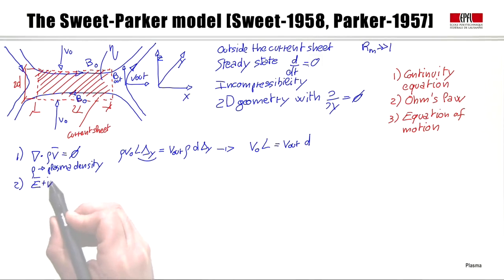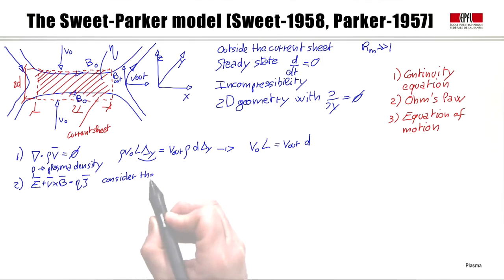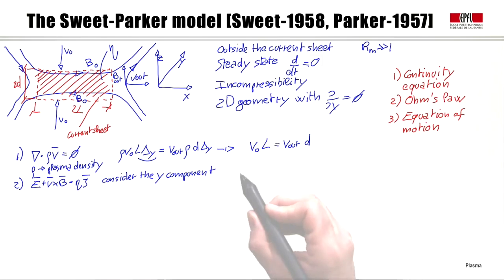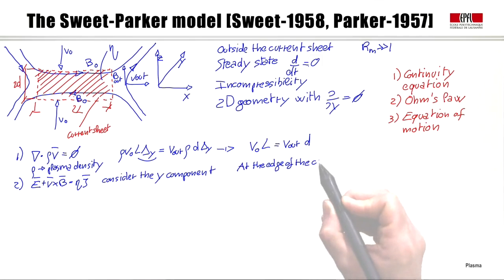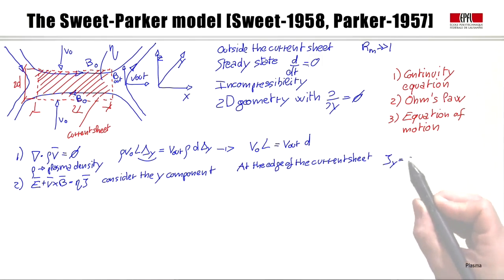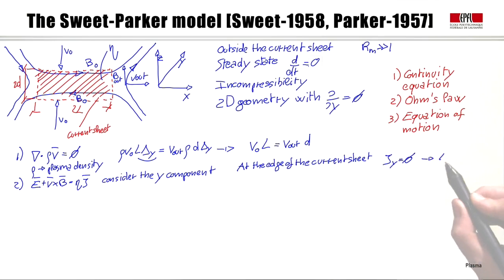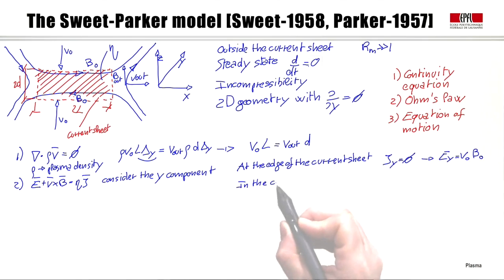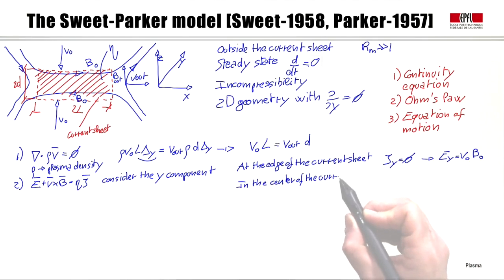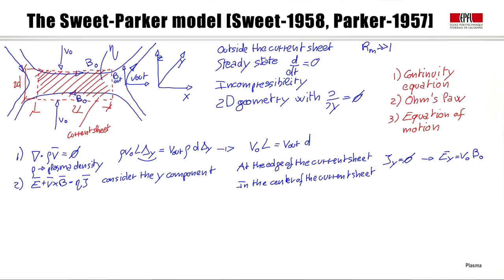Let's now write the Ohm's law and consider the y component. At the edge of the current sheet, the y component of the current density is equal to 0. Therefore, using the Ohm's law, we obtain, in the center of the current sheet, the flow stagnates, and therefore Vz equal to 0.